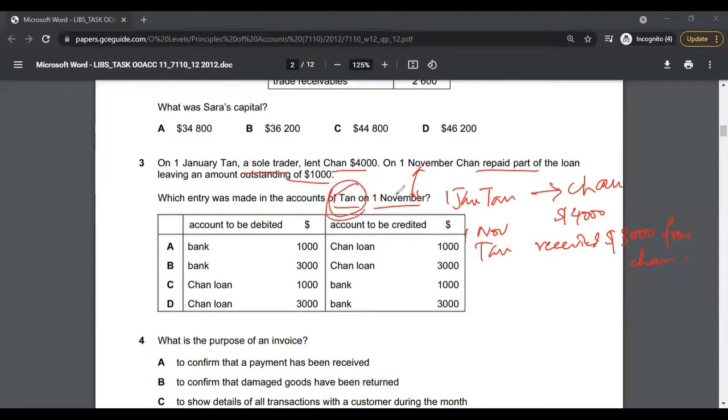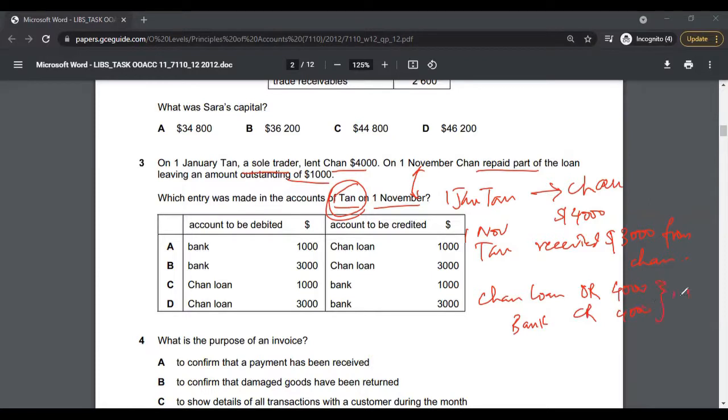So perspective is very important and dates are very important when you are reading the question. So on 1st Jan, what would be the entry? On 1st Jan, the entry in Tan's book would be Chan loan debit, because it is an investment. Tan gave $4,000. It's a kind of investment for Tan, and then because Tan gave Chan $4,000, bank would be credited by $4,000.